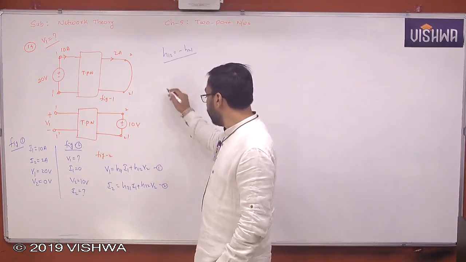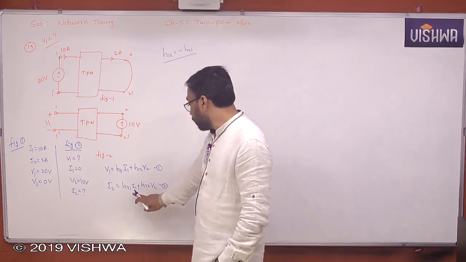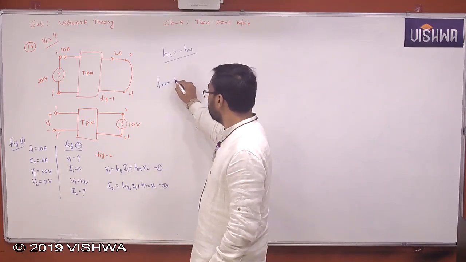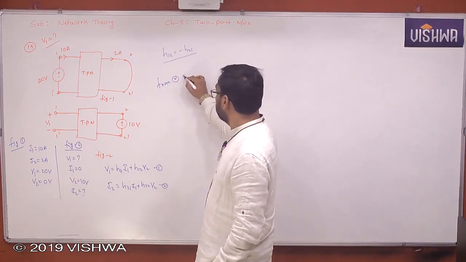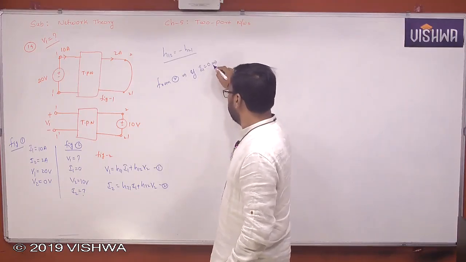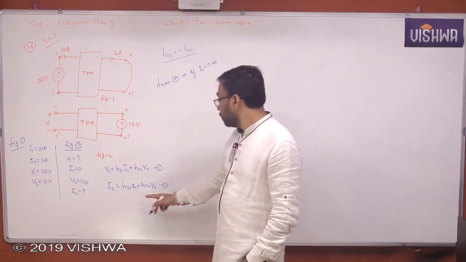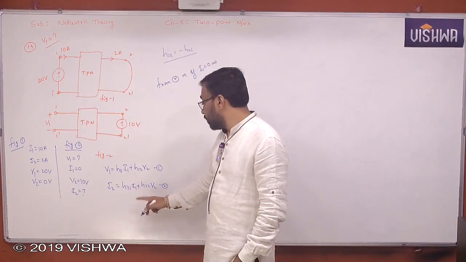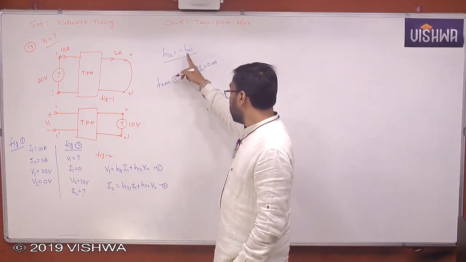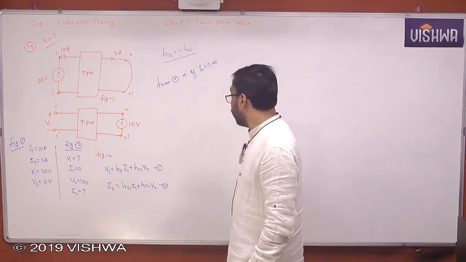So when I1 is 0, you can find H12. Not I1 0, but V2 0, because H21 can be determined. Once I find H21, I can find H12, or once I find H12, I can find H21. So from 1, I understand.